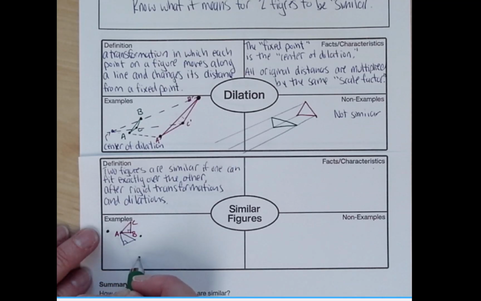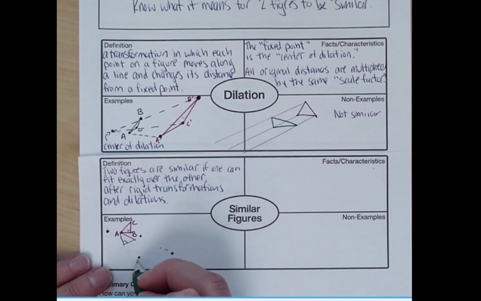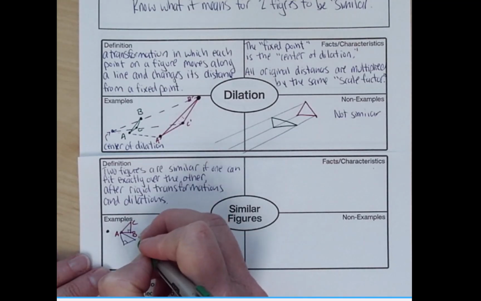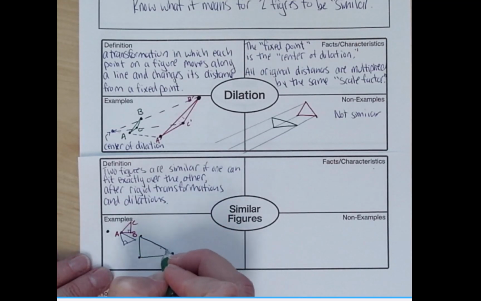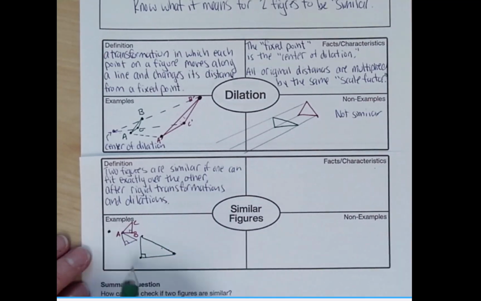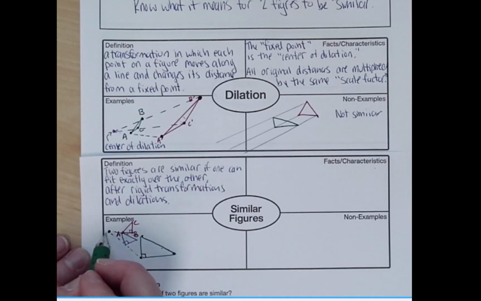Just eyeballing this. I have to eyeball a little bit better. I know I need to come up with a right triangle. It's not the best right triangle in the world, but let's just be forgiving and pretend that that worked out beautifully.